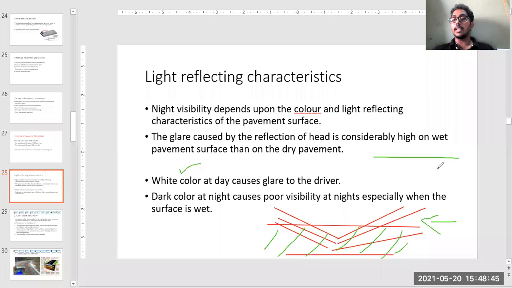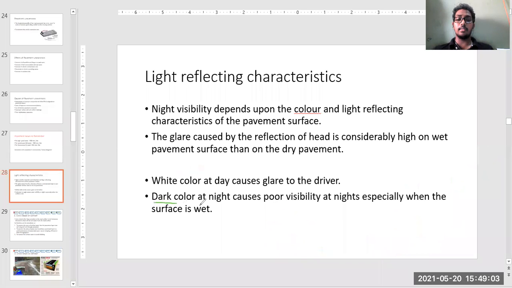That means on a hot sunny day, when we are constructing a cement road, it is going to reflect more because the white color is there. Similarly, during the night times, when we are giving a dark color surface, or a black coating or a black topping, it is affecting the visibility of the driver. That means the driver during the nights feels difficulty when driving on a black topping road.